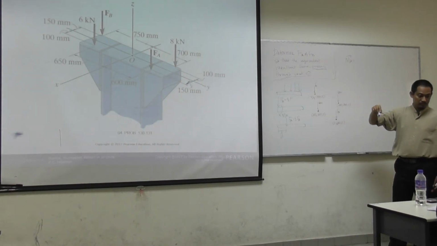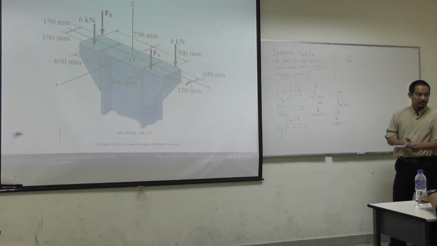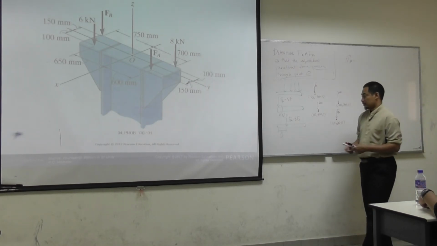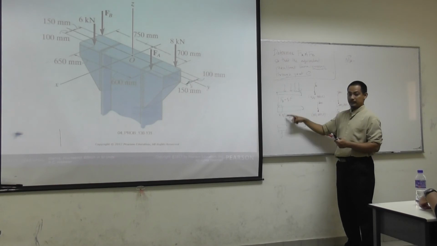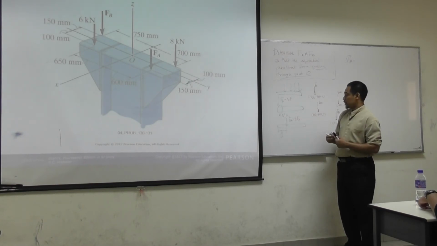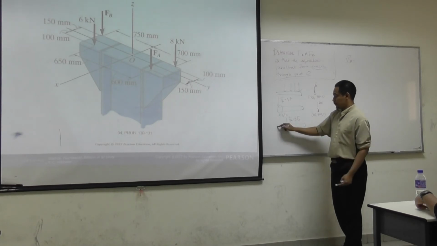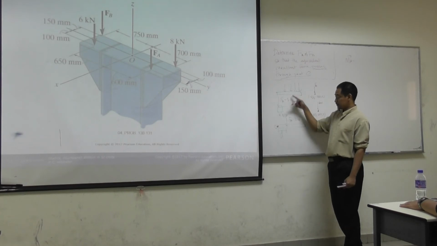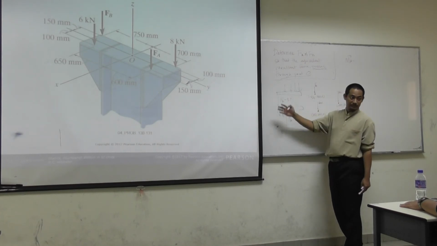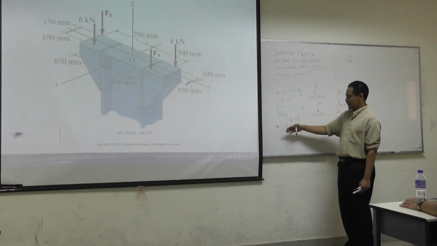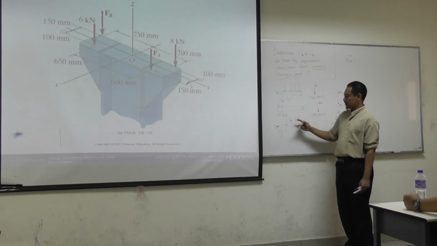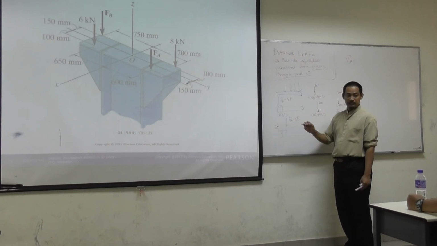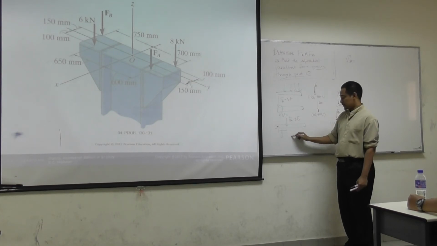You don't? Why? Okay. If you imagine this in 2D, right? If I say FR passes through point O, what is the implication? We simplify, further simplify, and I say in the end FR passes through point O here. What does it mean? Distance is zero, right?